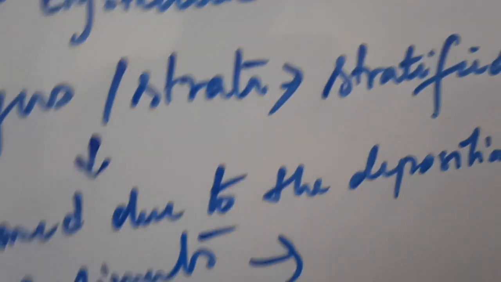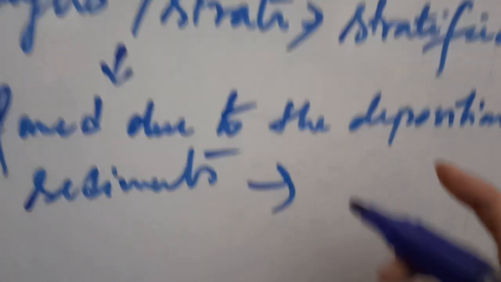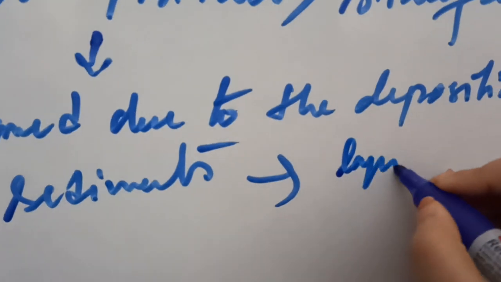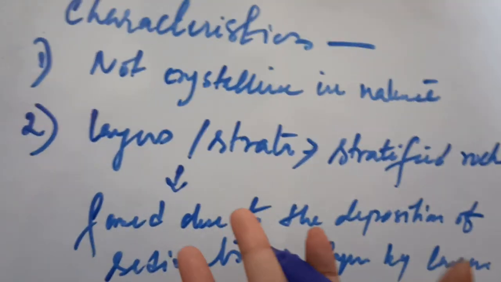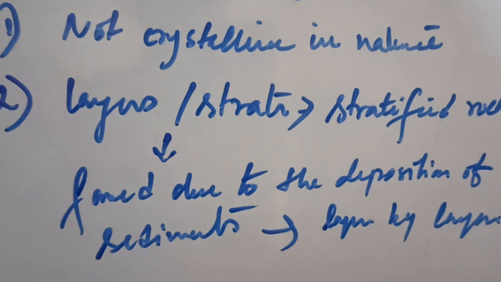So this deposition of the sediments took place layer by layer, so they have layers or strata and are known as the stratified rocks.